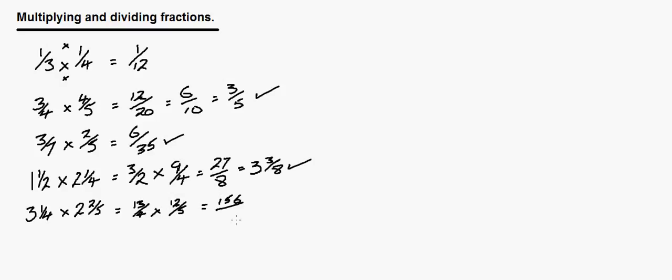And then 4 times 5 is 20. So as I said, this is right, but it can be righter. So we have 156 20ths. Now I know 20 20ths is 1. So if I divide 20 into 156, that'll tell me how many whole numbers I've got.